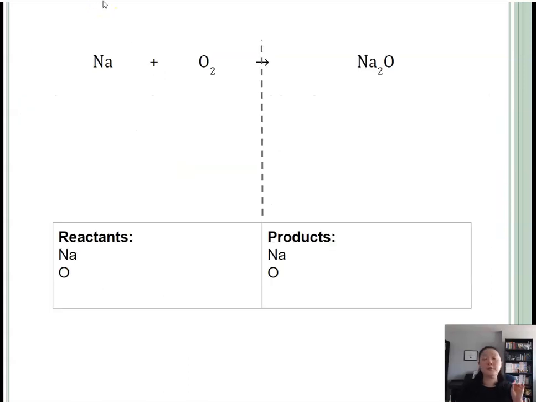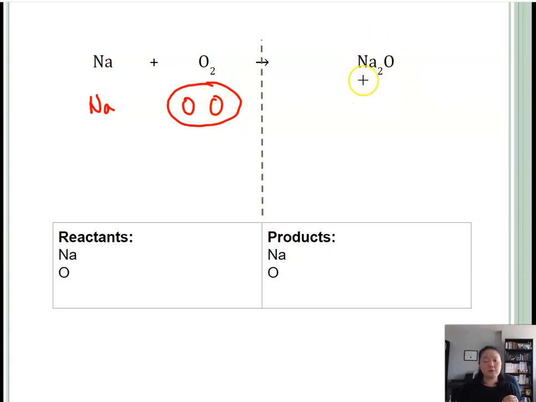Alright, so I'm going to suggest that you pause the video here and try to balance this particular reaction. Alright, from here you should be able to see that you have one sodium and you have one oxygen. Now oxygen is a group of two oxygens, so you can see that it's O2, so you have two of them, they are a group.